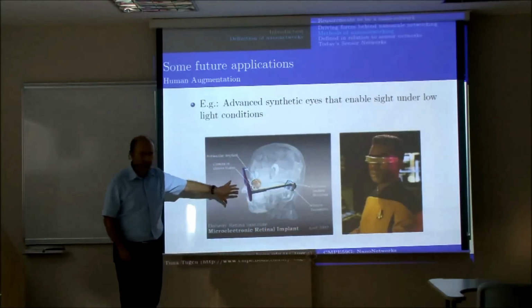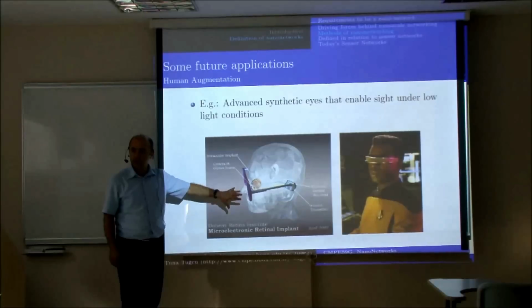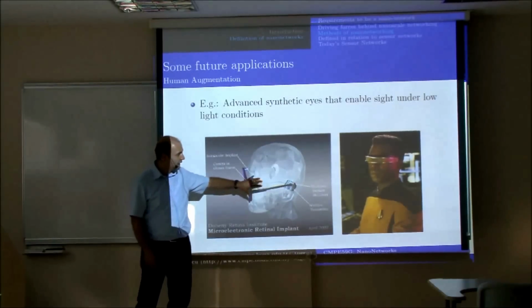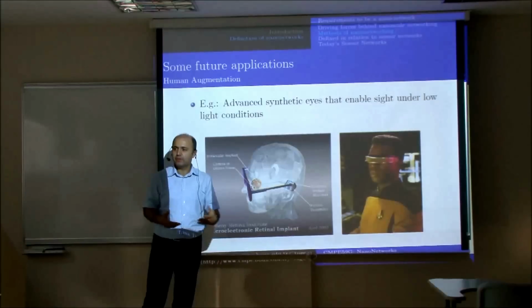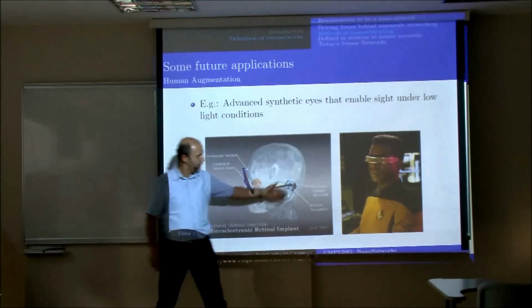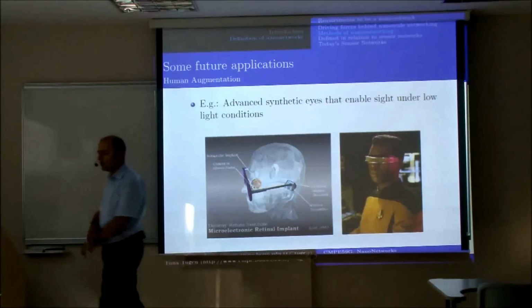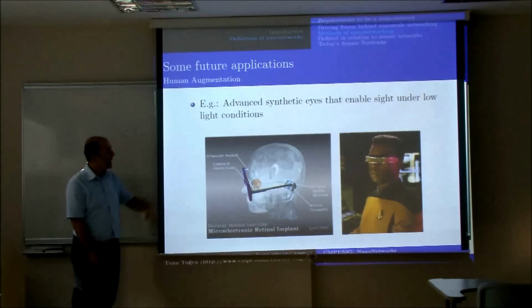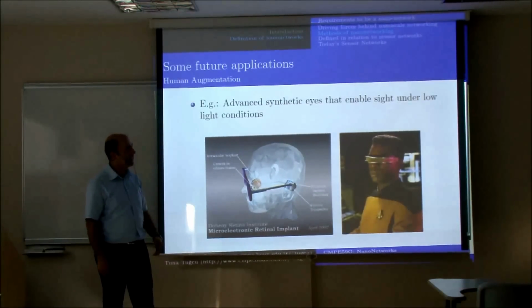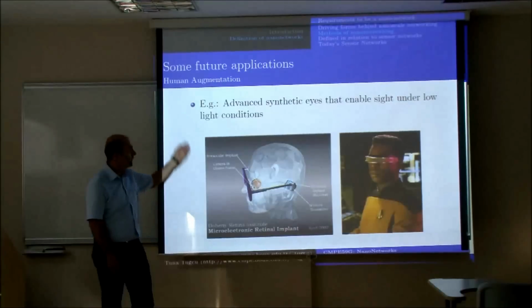Currently, there are such projects. People are working on such projects to come up with ways of doing this. Of course, we don't have it yet, but that could be done. So you can have advanced synthetic eyes that enable sight under low light conditions.